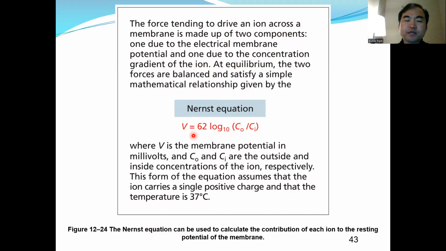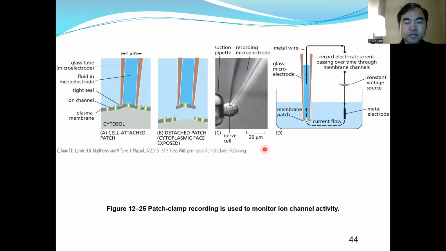At equilibrium it has a voltage V, the concentration outside and the concentration inside, and V is the membrane potential. This is the Nernst equation, and this one is important, so you need to memorize it.